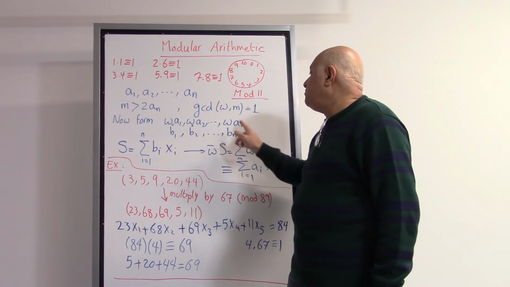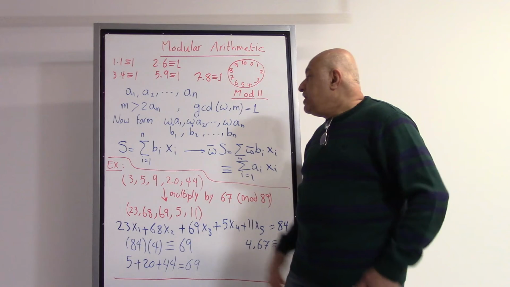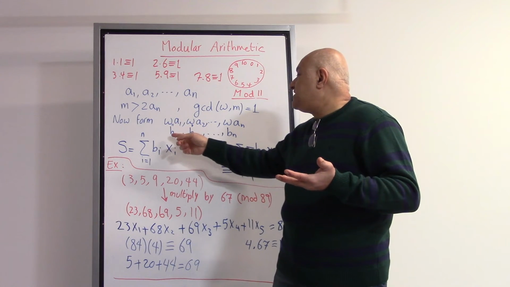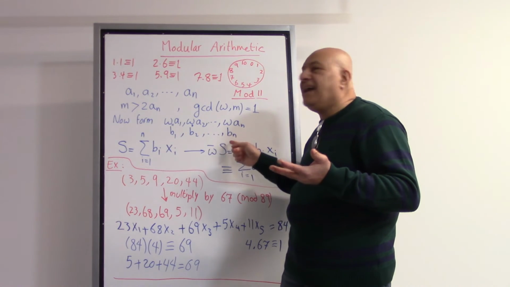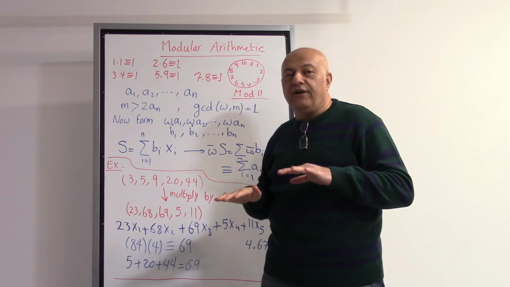WA2, let's say, is B2, to WAN is BN, okay? So now you get a new sequence, B1, B2 to BN, which is not a super increasing sequence anymore, right?